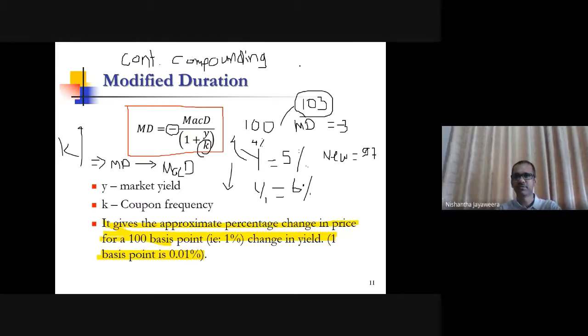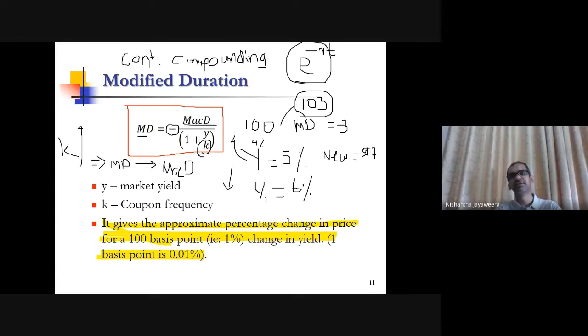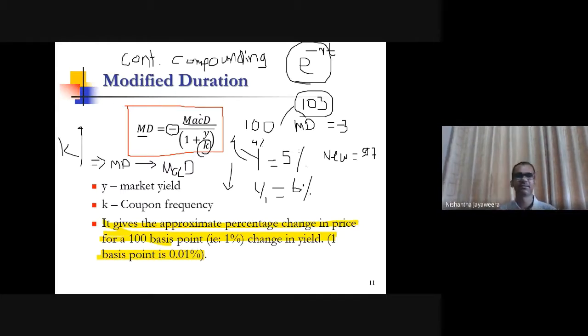So we do it by using e, the interest rate and time up to maturity. When we use this concept, there's no difference between Macaulay duration and modified duration. When we go to continuous compounding, Macaulay duration and modified duration are the same. So there's no such distinction in that event.